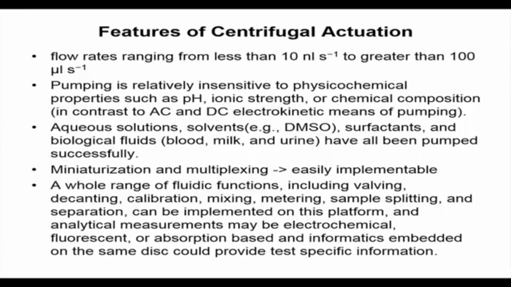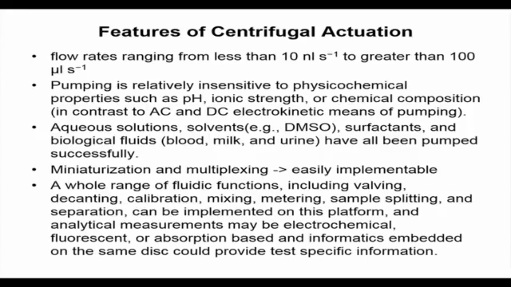Features of centrifugal actuation. The actuation is centrifugal, but once the fluid flow gets actuated, other forces in a rotational platform come into the picture, and I will show what those other forces are. Flow rates range from less than 10 nanoliter per second to greater than 100 microliter per second.